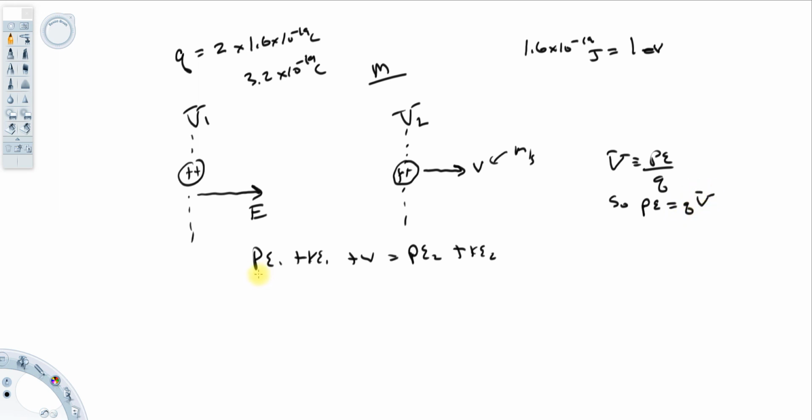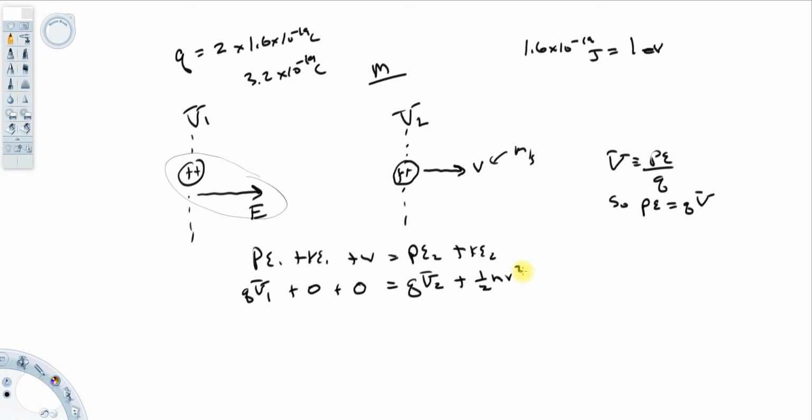So the PE1 term we can write as charge times potential 1. Starts from rest. Only force is the Coulomb force, the force created by this electric field, which we're taking into account with the potential energies. Charge times potential 2, 1/2 mv squared.